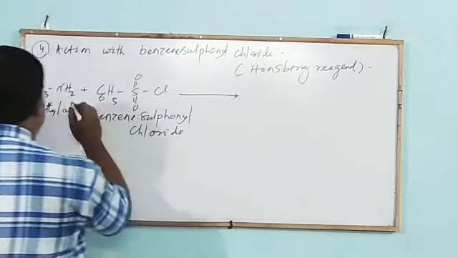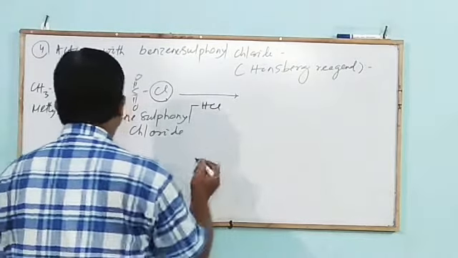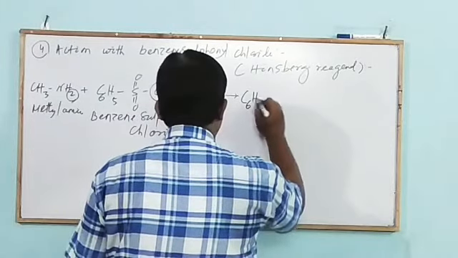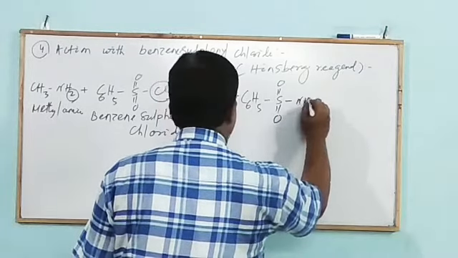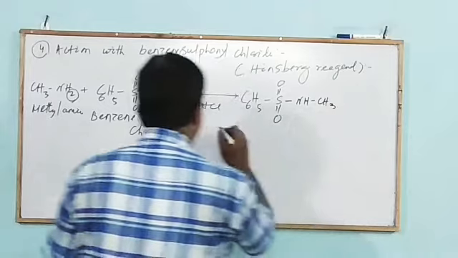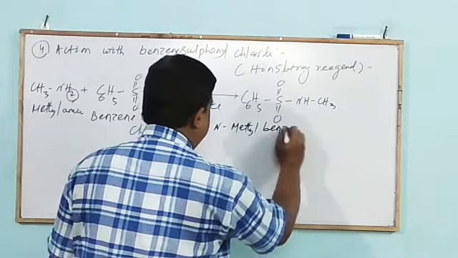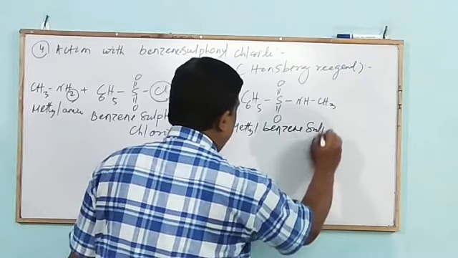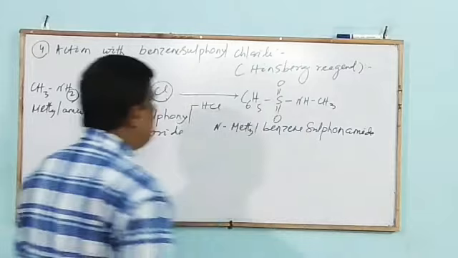When it reacts, this H combines with Cl to form HCl. What is the product formed? C6H5SO2NHCH3. That is N-methyl benzene sulfonamide.